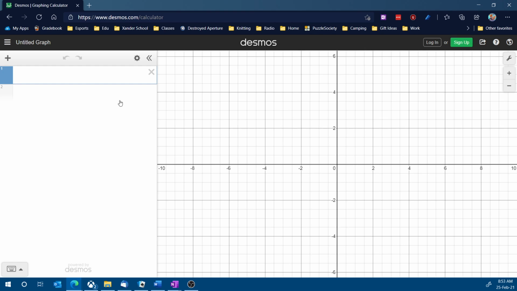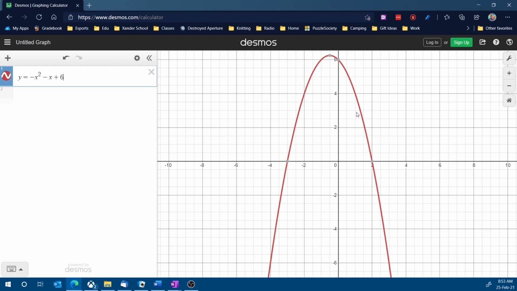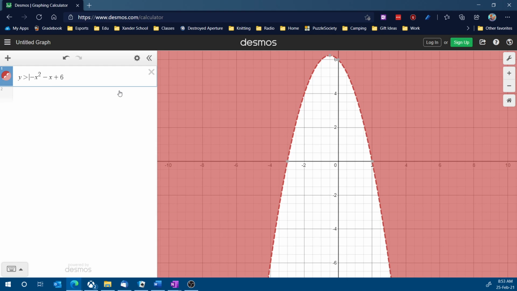My first one, I'm going to do what they would teach you if we had the textbook. Minus x plus 6. So they would tell you to graph the parabola in your graphing calculator. Then they would say, pick the point, test the point, and then on your paper, shade where it goes. Which isn't significantly different than what we did. To be honest, if you're in here, you can legit just do this, and it gives you the answer.